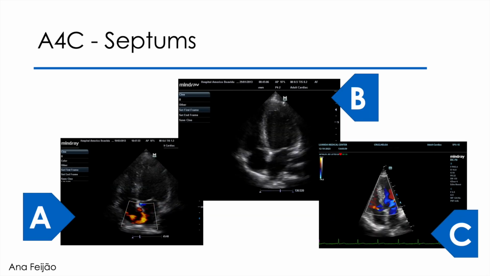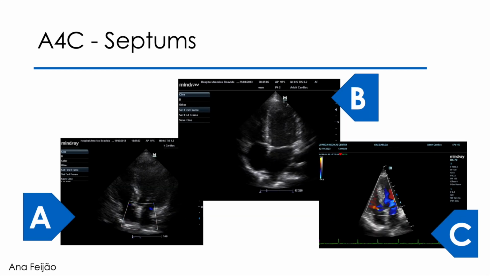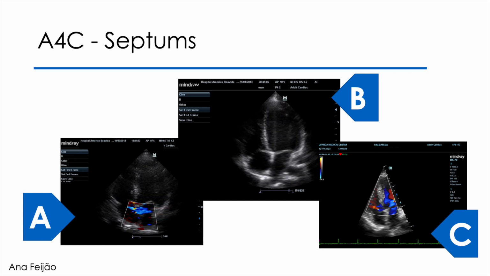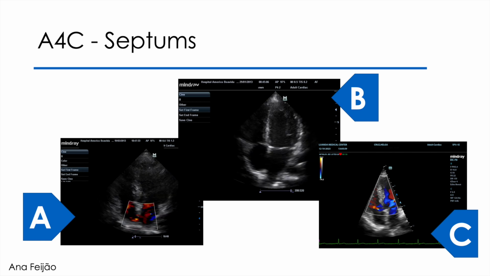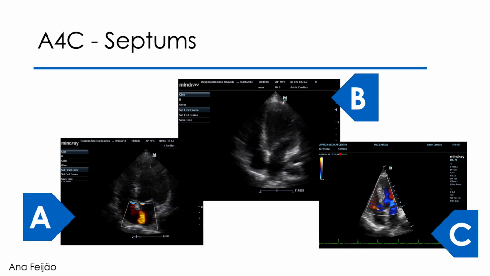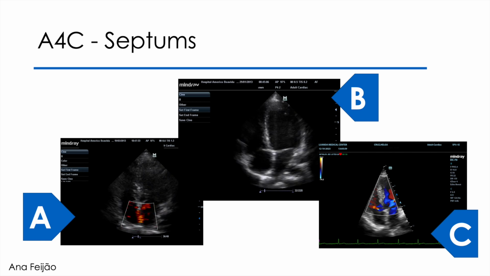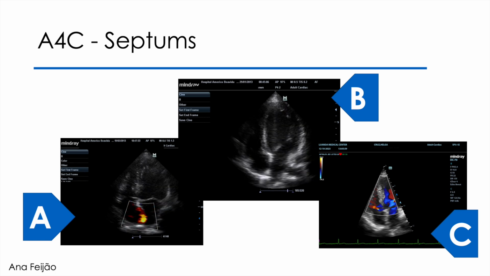The septums. We should also observe the behavior of the septa, interatrial septum and interventricular septum, during respiration to understand ventricular interdependence and changes in the intracardiac pressure.